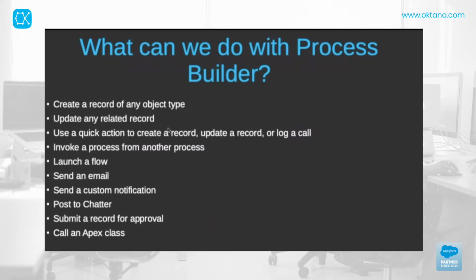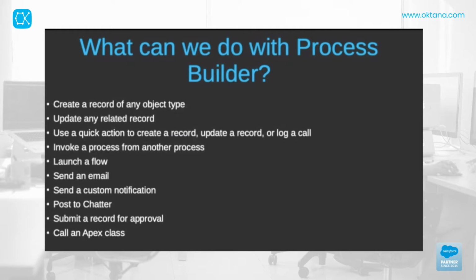Then we can use quick actions, invoke other processes made in process builder. We can send mails, include a notification, post to chatter, submit a record for approval, and sometimes you can also call Apex classes for complex scenarios.